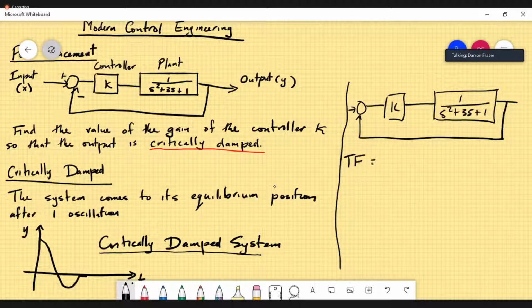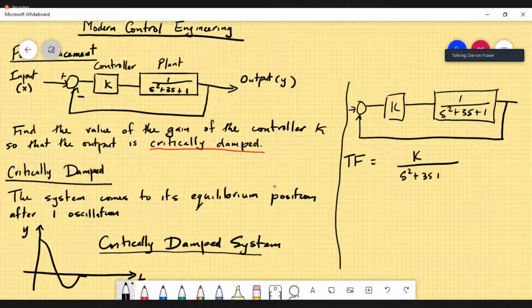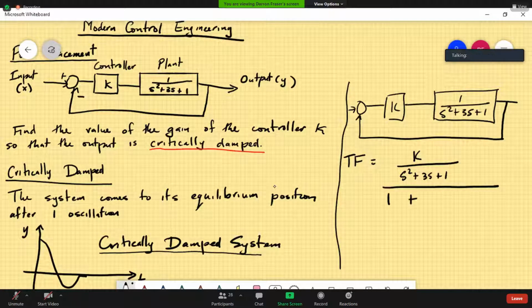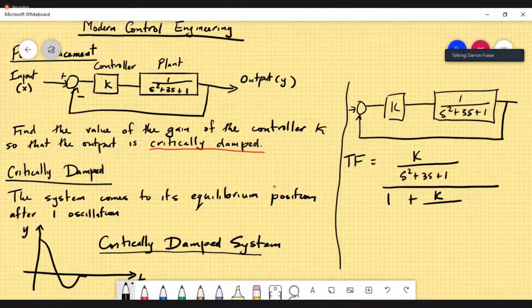Anybody remember how you find it now? Say yes. So we multiply these two. It's going to be K over S squared plus 3S plus 1. And then we have a unity feedback, so we're going to have it as over 1 plus K over S squared plus 3S plus 1.